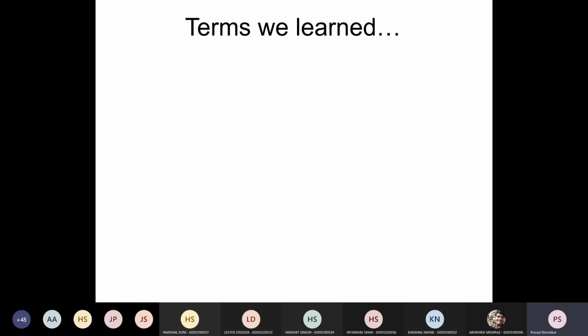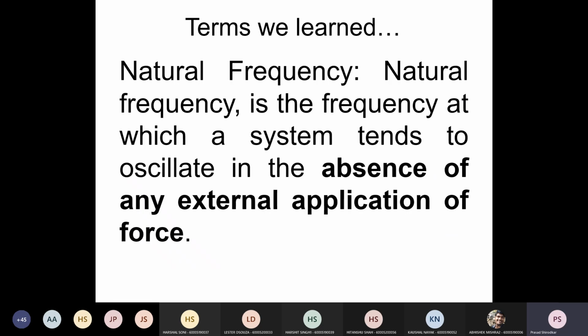What terms have we learned so far? The first term we have learned is natural frequency. Natural frequency is defined as the frequency at which the system tends to oscillate in the absence of any external force. Please keep this in mind, because in the viva exam at the end of the semester, nobody is even able to answer such a basic question as what is natural frequency.